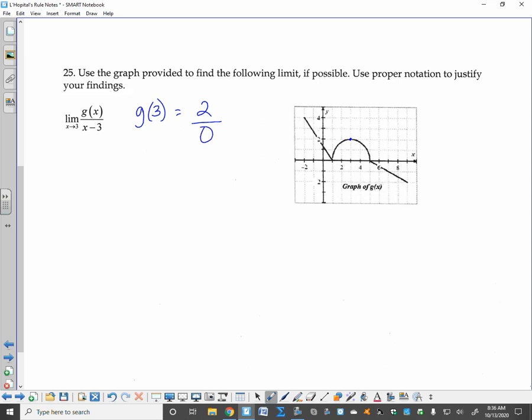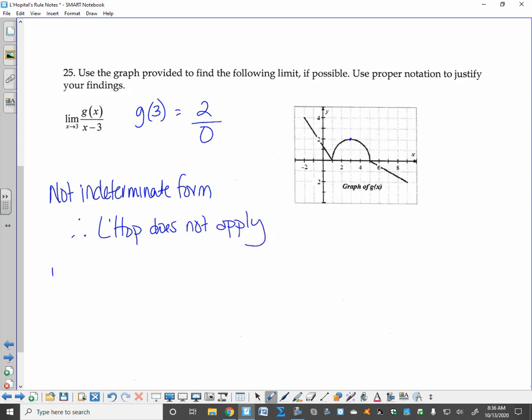So this is not indeterminate form. So L'Hopital's rule does not apply. So I'm going to say not indeterminate form. Therefore, L'Hopital does not apply.